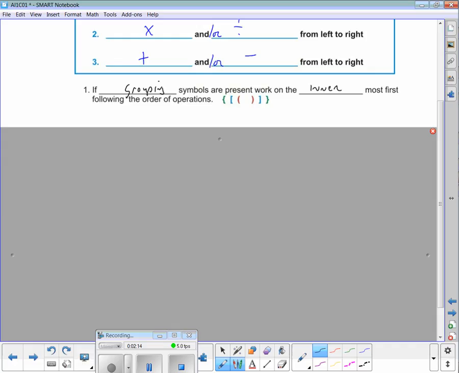If they needed another further grouping symbol outside of the parentheses, they would use the bracket. And if they needed another further grouping symbol, they would use a brace. It is possible to have one piece of a problem with parentheses and a further piece down the road with parentheses. Well, again, work in one and simplify them. Go work to the other parentheses and simplify. And you just follow the same kind of order.